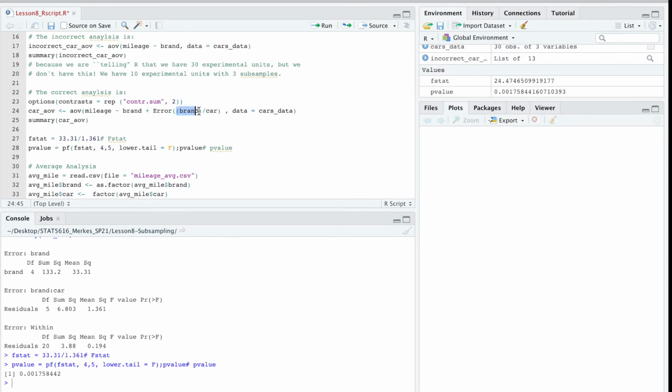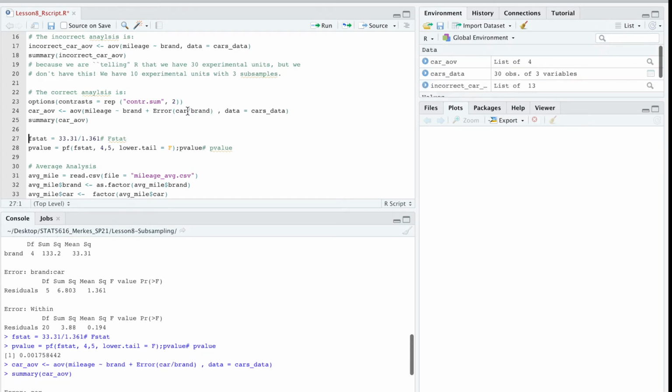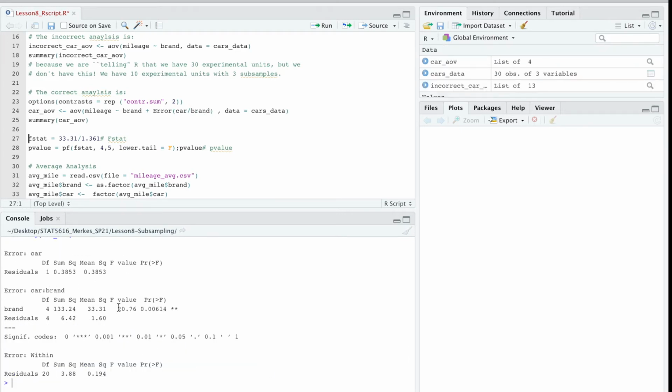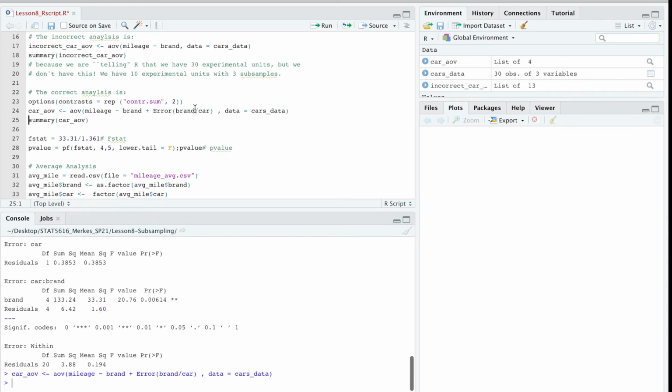You could also, let me just put this note, one way is you might go car brand, and what this is going to give you is something that looks like this. But this F and this P value are not correct, because here, what this is doing is taking this MST and dividing it by this MSEE, but this is not the correct way. So the best way to do this would be brand divided by car.